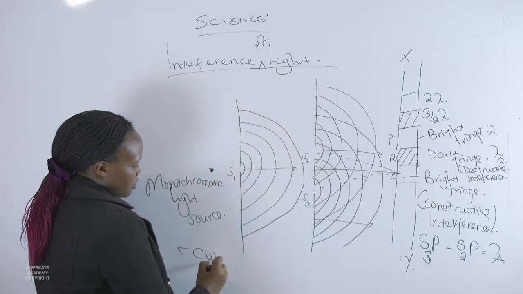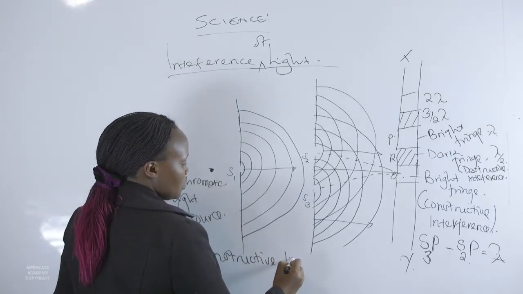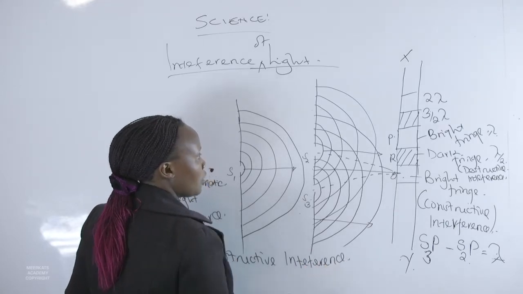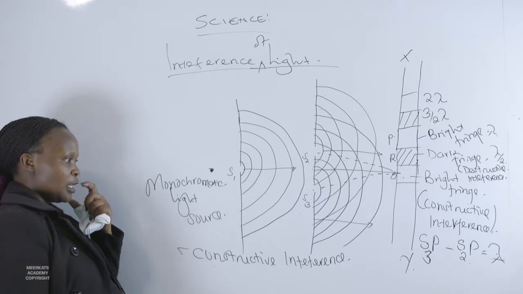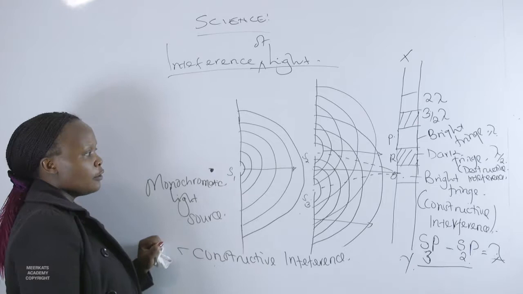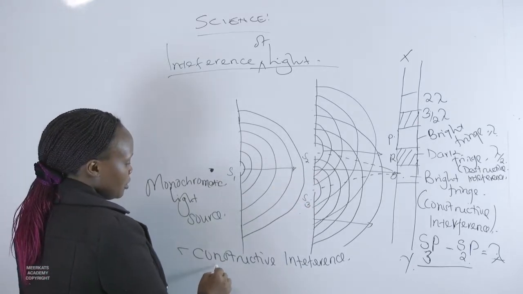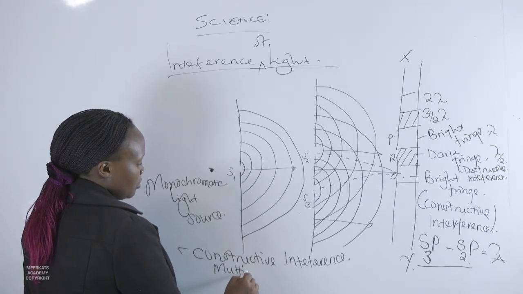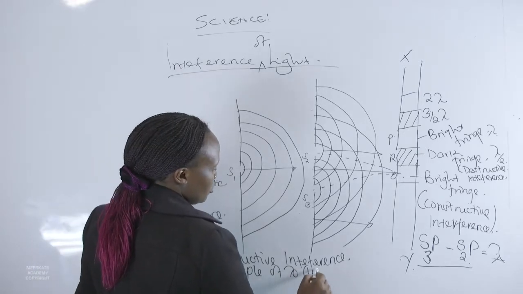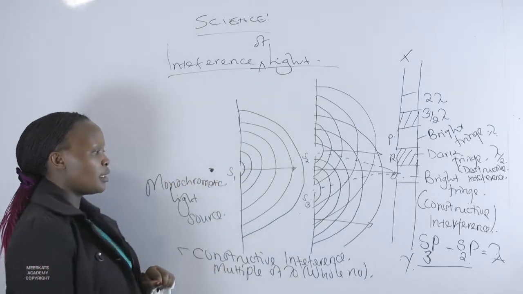Therefore, constructive interference occurs where the path difference from the first and the second slit is a whole number multiple of lambda.